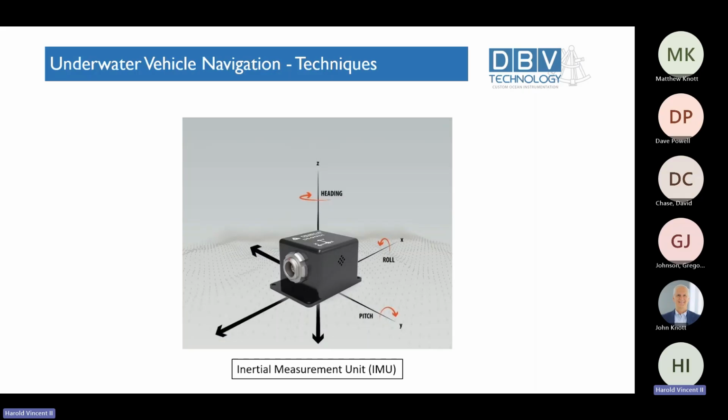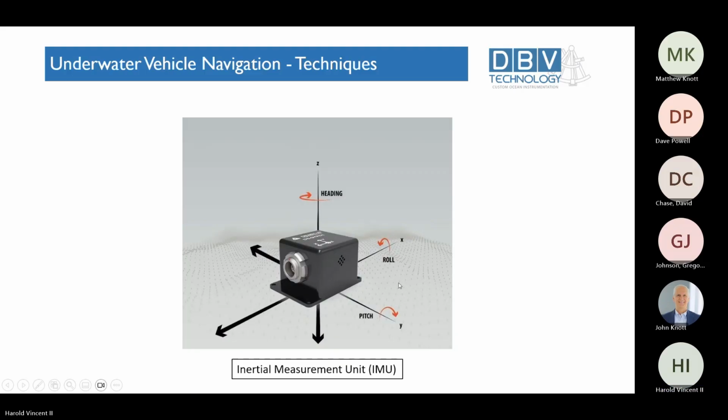And those can be used as an input to an inertial navigation system to attempt to keep track of the vehicle's position and speed and orientation as it's executing its maneuvers while underwater. And these types of devices, of course, are not restricted to undersea vehicles. They're used in other types of surface platforms, space platforms, aerial platforms.